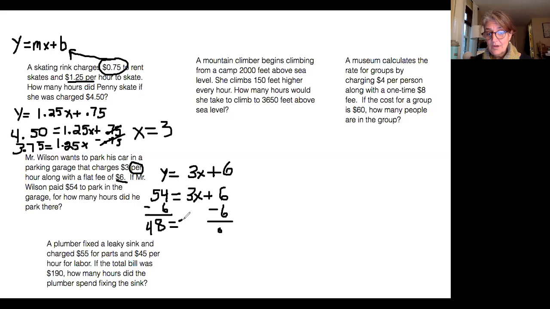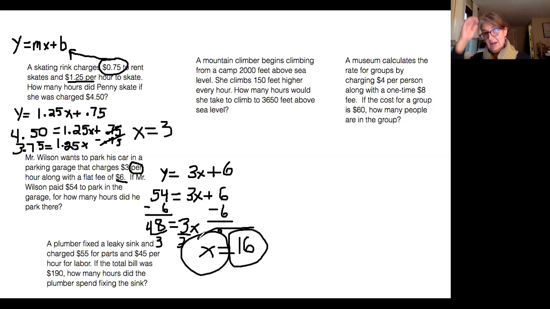And then at this point, in order to get x by itself, we need to divide by 3. And 48 divided by 3, if you use your calculator, will come out to 16. So we know that he was parking there for 16 hours.